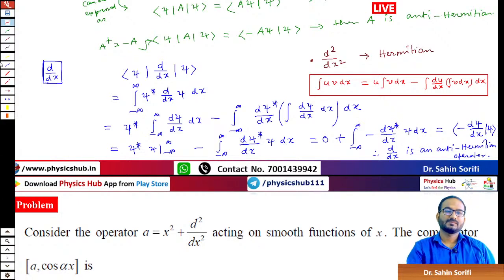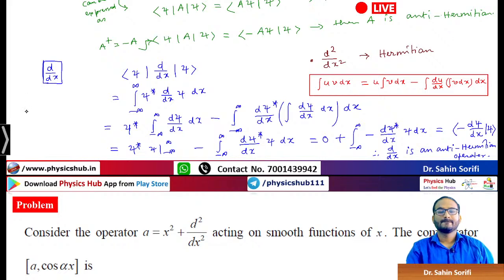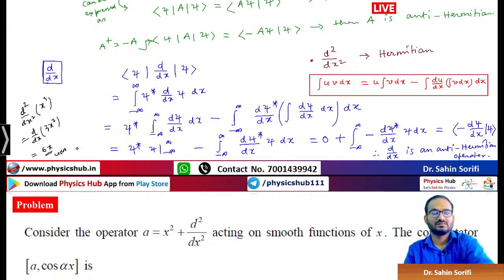Let's say it operates on x cubed, then this will be d/dx of 3x squared, so this will be 6x. So this is odd, right? This is the operator, so you should not call it even or odd. That concept is not applicable here.